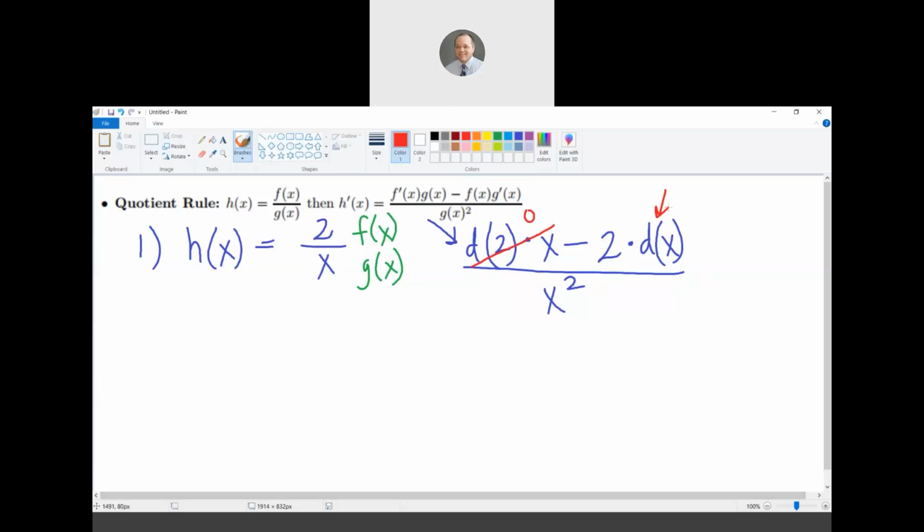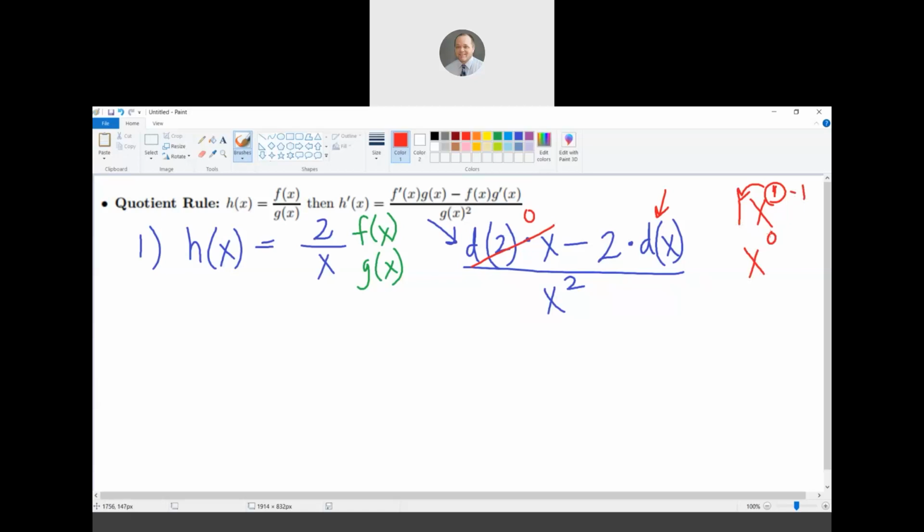To take the derivative of x, we use the power rule, and it's understood to be to the first power. Move the original exponent to the front, and subtract 1 from the original exponent.